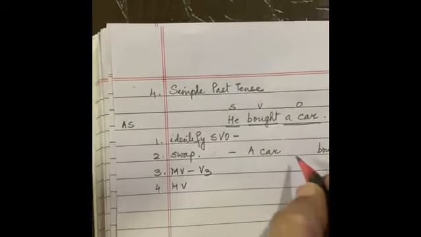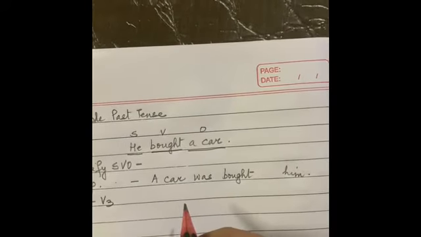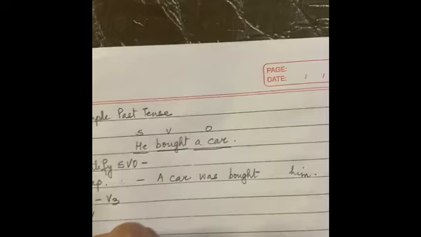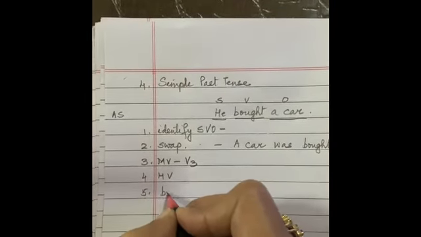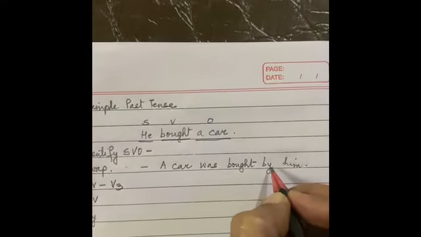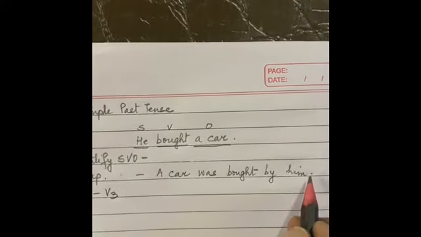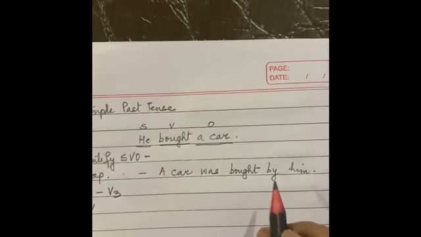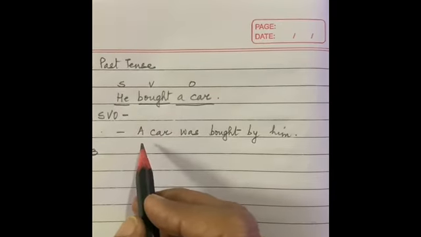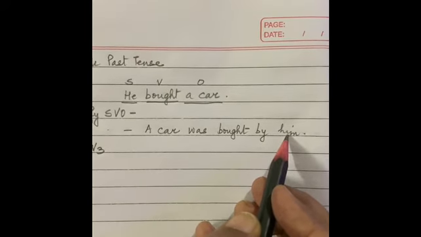So it will be was. And lastly, we need to add by. The fifth step, by will be added here to make the sentence complete. So now the whole sentence is, a car was bought by him.